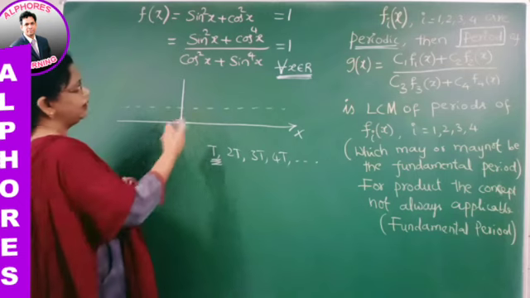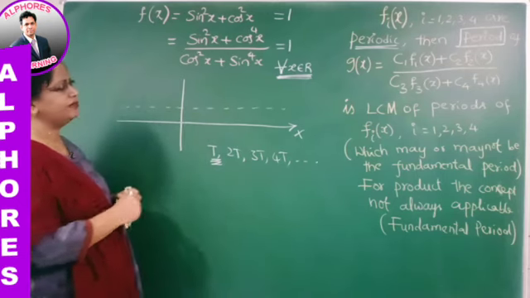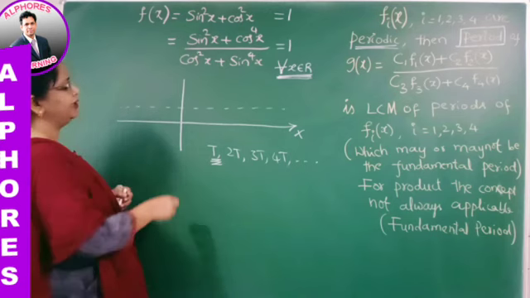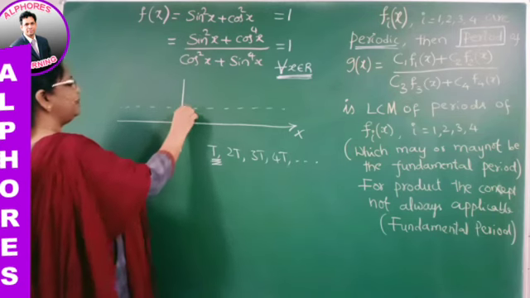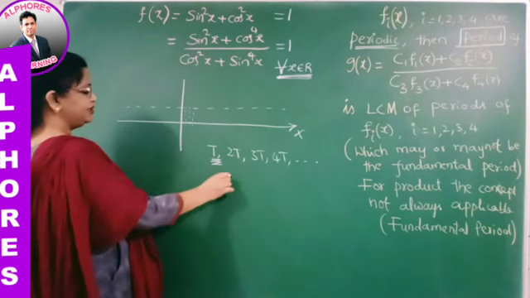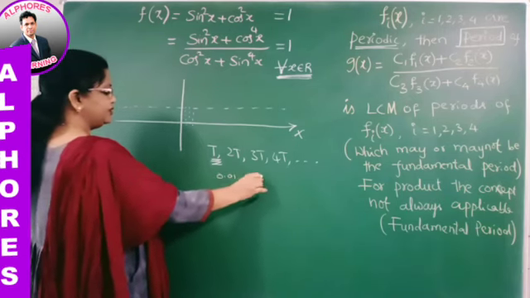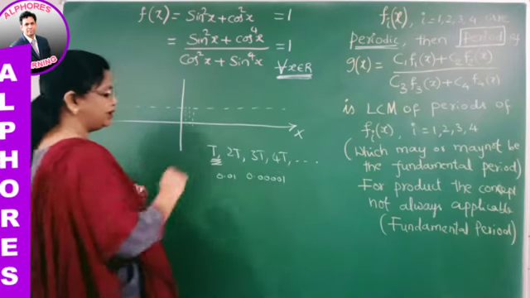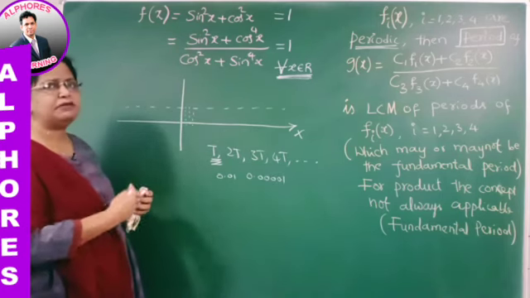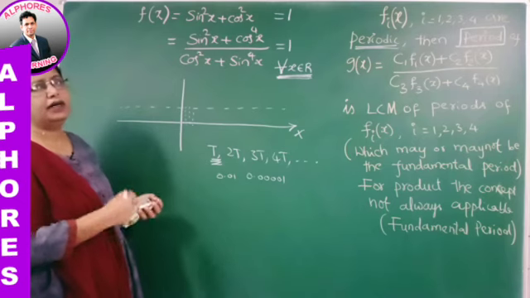Whatever the least among all the positive values is, that is our fundamental period. In terms of constant functions, we are unable to decide the fundamental period, because the gap can be any value, 0.001, 0.000001. You cannot decide exactly what the least positive value among all the periods is.